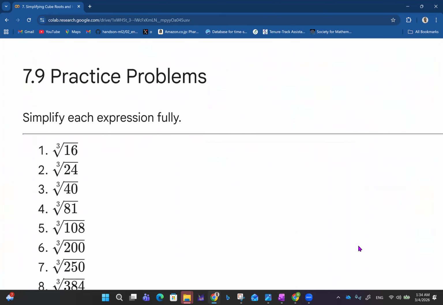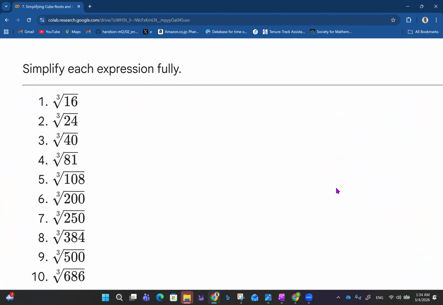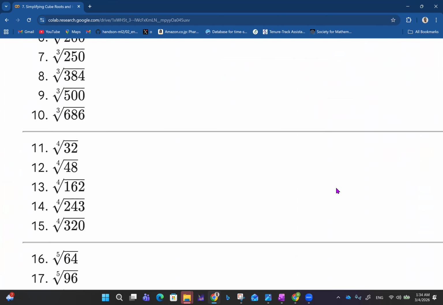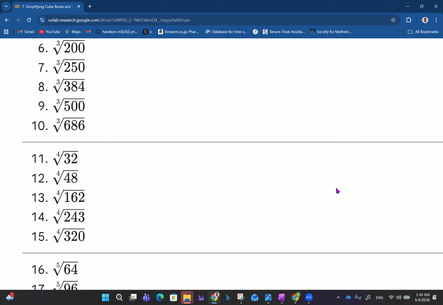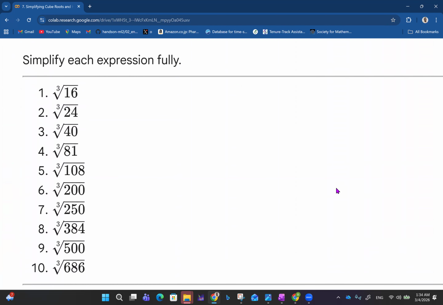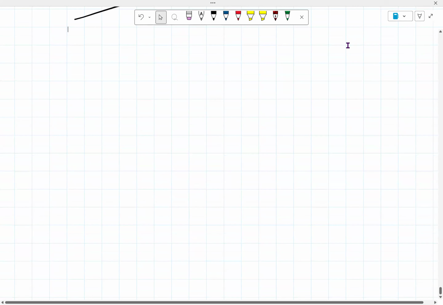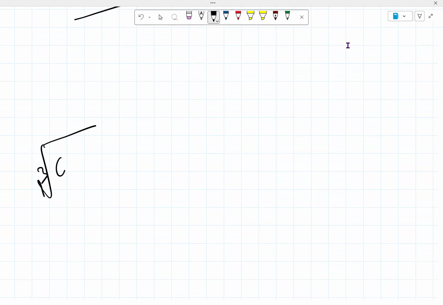Okay, so let's look at the practice problems. There are 3 groups here: cube roots, fourth roots, and fifth roots. I'll do one in each case. Let me go for the cube root of 686.